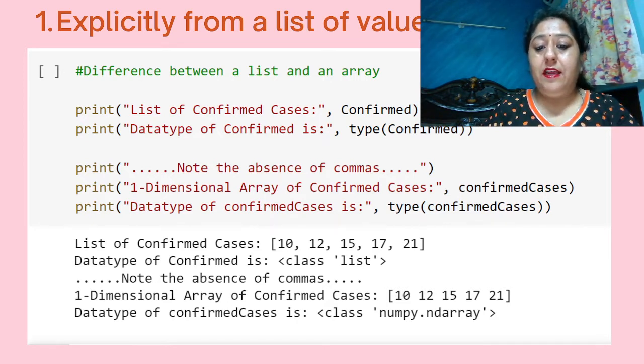And the data type is class numpy.ndarray. That means confirmed cases is an ndarray which has been created by using NumPy. So this is the basic difference between an array and the list. Kindly note that the absence of comma is the fact which shows that it is an array and not a list.